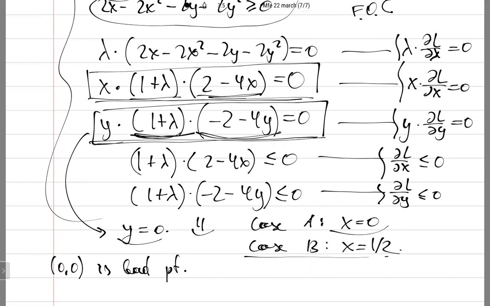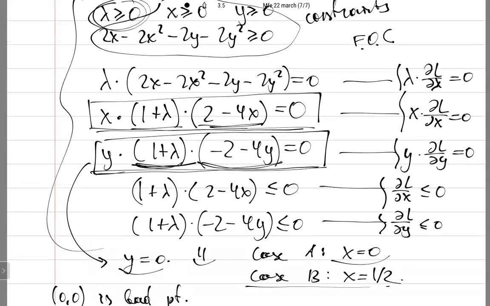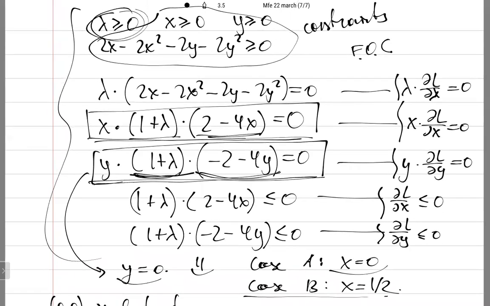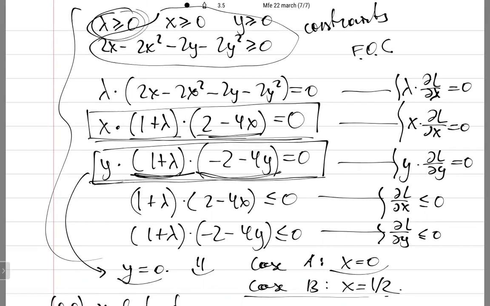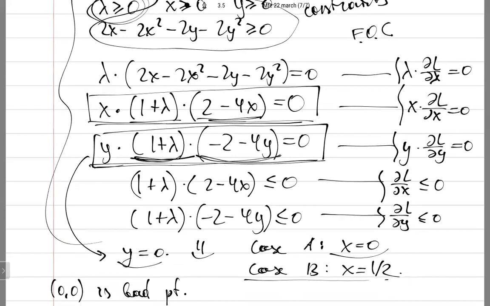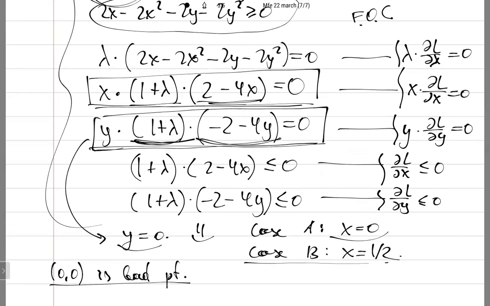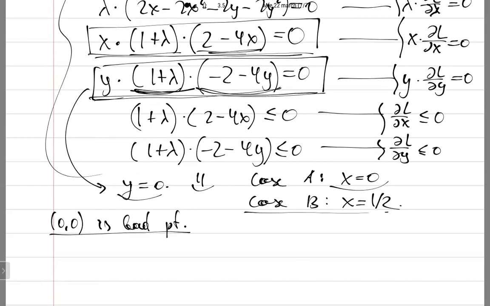Yes, it's my fault, you are right, I can make arithmetic mistakes. So (0, 0) is a bad point and this is not satisfied. Even if something fails, we need to check it separately. It's a suspicious point in any case.